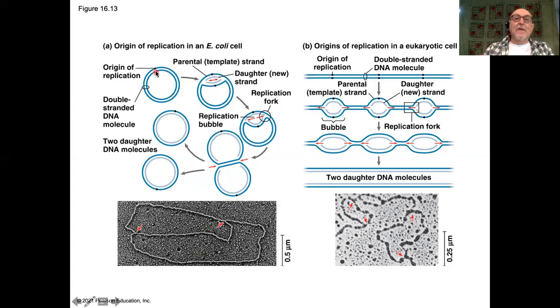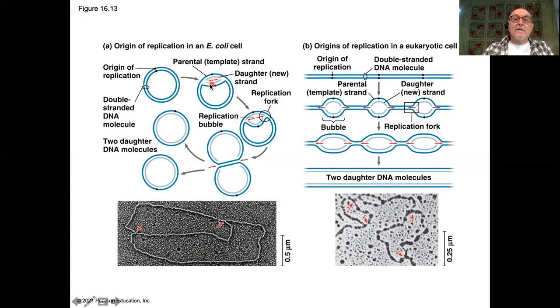Here in bacteria, remembering that DNA is a double strand, as shown here, there is a single origin of replication, and it's going to spread out from there. So replication is going to proceed in one direction here and in the other direction on the other side. And then eventually the two meet in the middle and you end up with two separate new chromosomes.